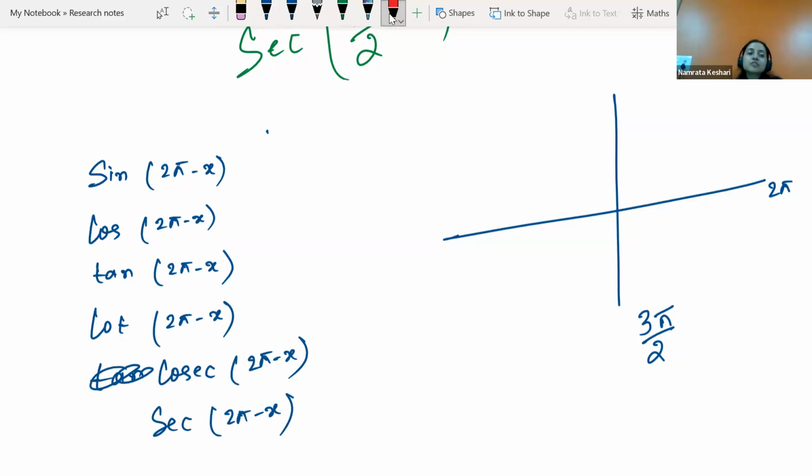Quick one. Transformation, will the function change or not change? Not change. Sign will be constant. Perfect. Now the question is whether it will be plus sign or minus sign.